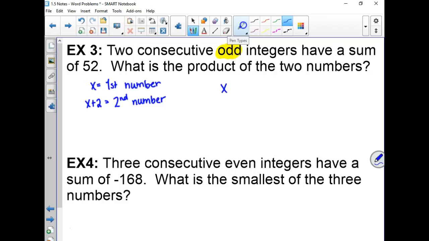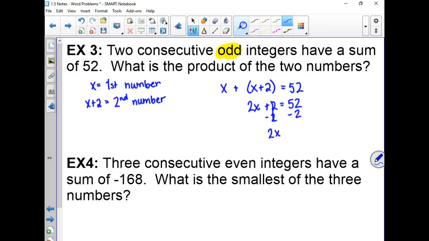We're going to have x, but instead of having x plus 1, we add x plus 2 because we have skipped an integer. So we're going to add those together and get 52. If we combine our like terms, we get 2x plus 2 equals 52. We will subtract 2 from both sides.